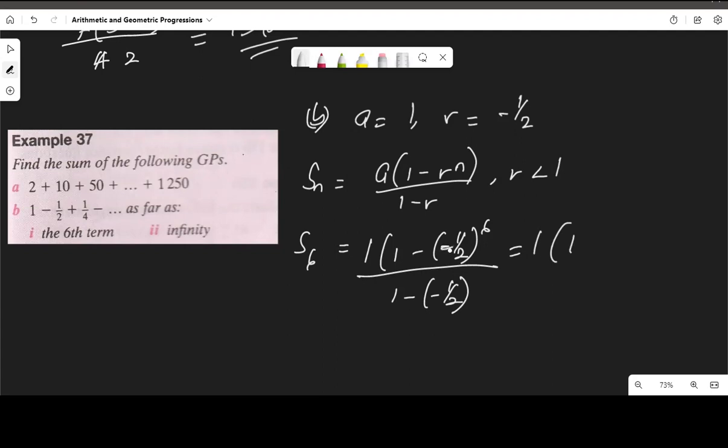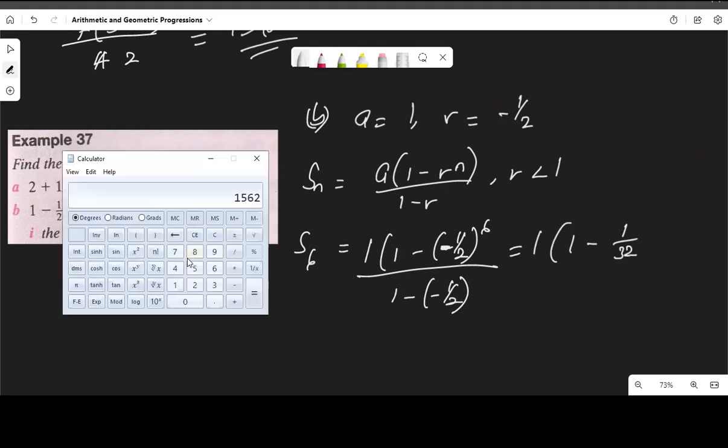Now, when a negative number is raised to an even number, the negative will become positive. So minus half to the power of 6 is plus. And 1 to the power of 6 is 1. 2 to the power of 6, I think 30, no, 64.